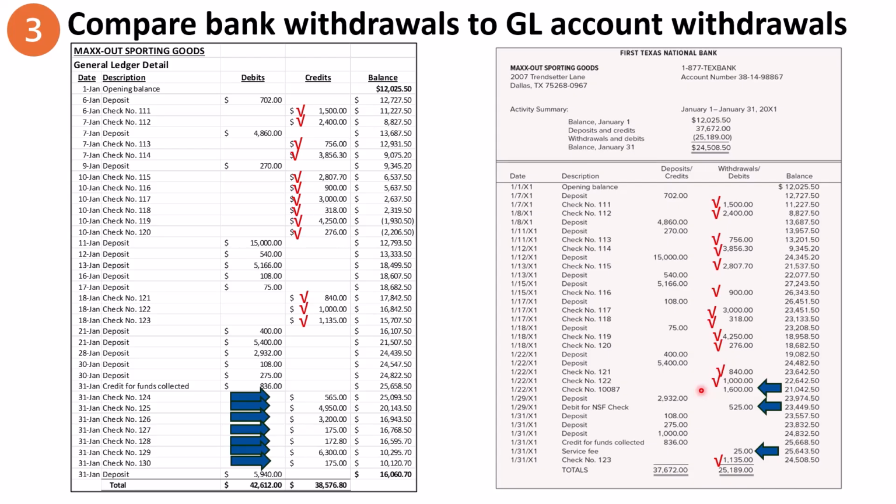The remaining two items are a returned customer check for $525 and a bank service charge of $25. These transactions have been recorded by the bank but have not yet been recorded in the company's accounting records. The returned customer check, sometimes called a bounced check or NSF, for non-sufficient funds, check, means that a customer's payment was originally deposited but was later rejected by the customer's bank.